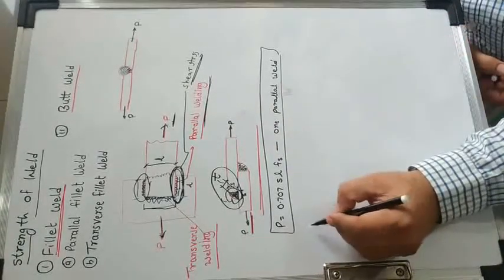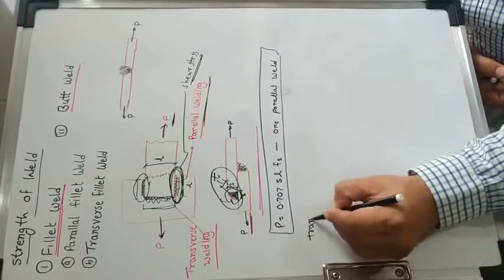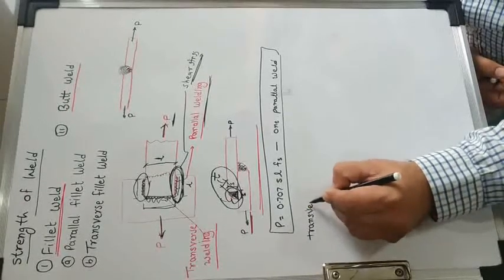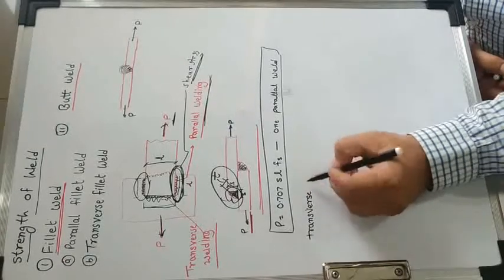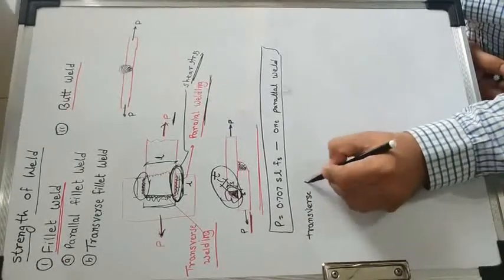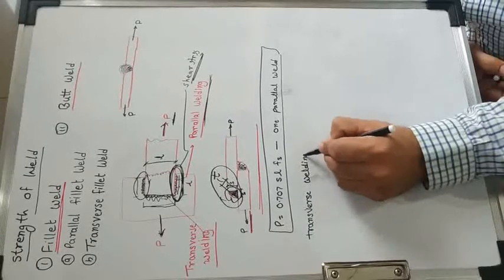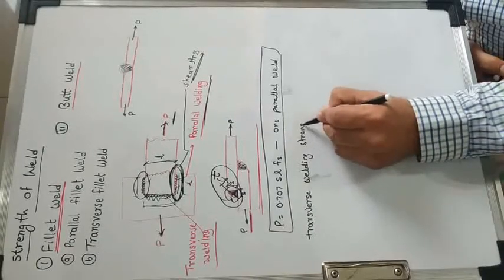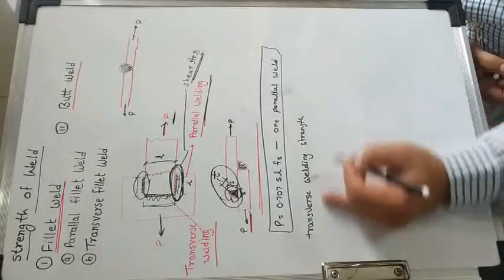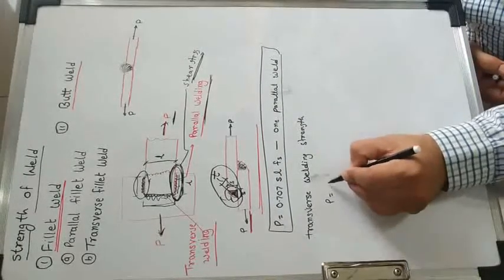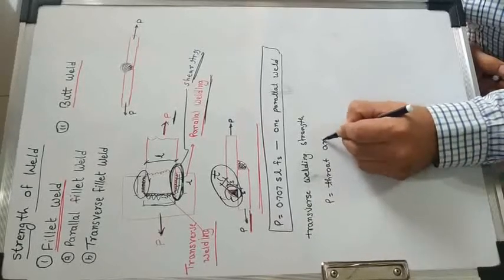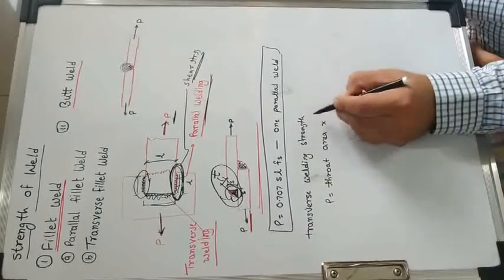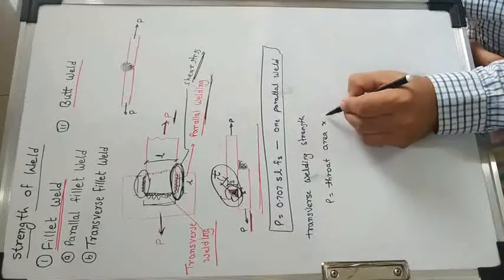So, transverse welding strength. Just we will put the same, P is equal to throat area into stress, that is tensile stress.